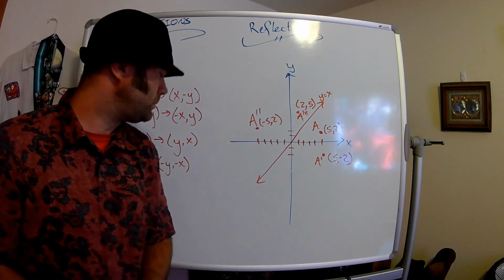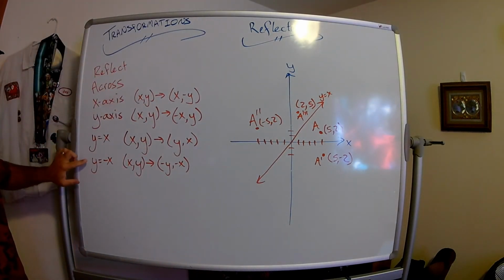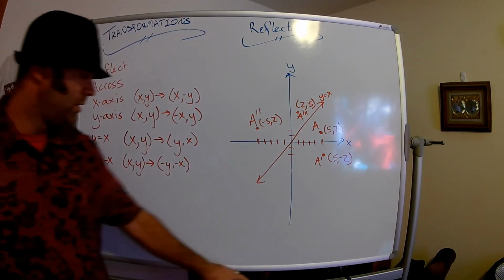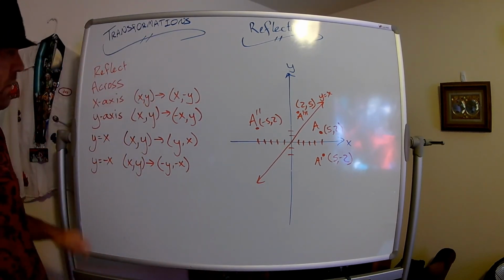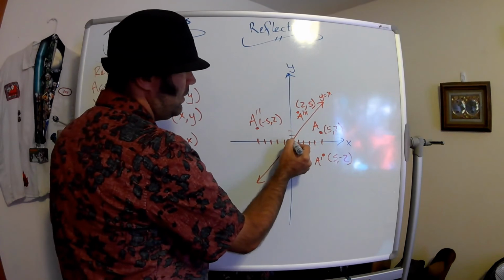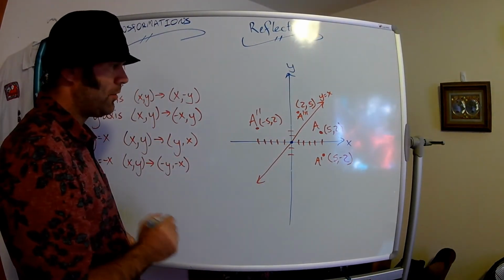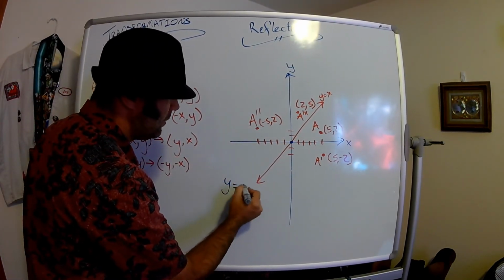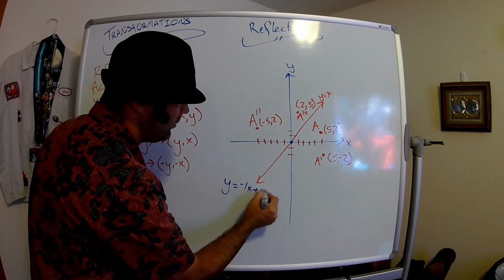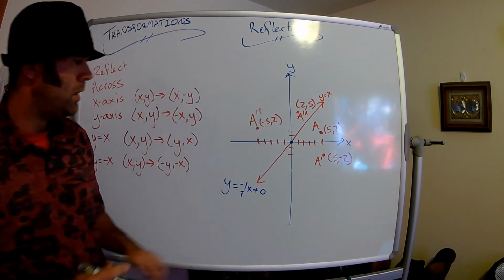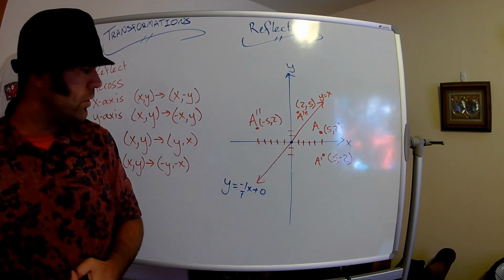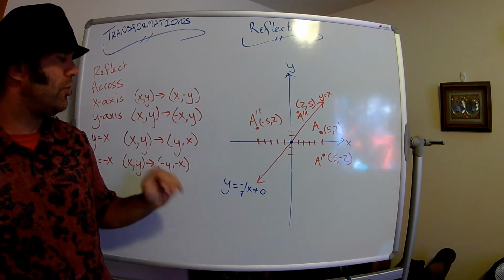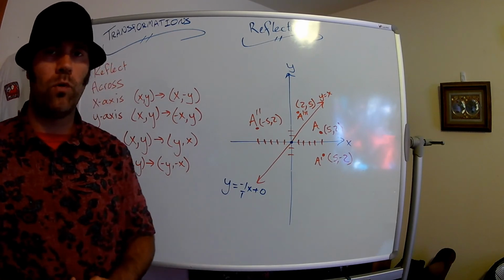Okay? And the last is y equals negative x. A little bit more confusing, but we can do it. If y equals negative x, that's still in the form y equals mx plus b, y equals negative 1x plus 0. So our y-intercept is still 0, 0, and our slope is negative 1 over 1.